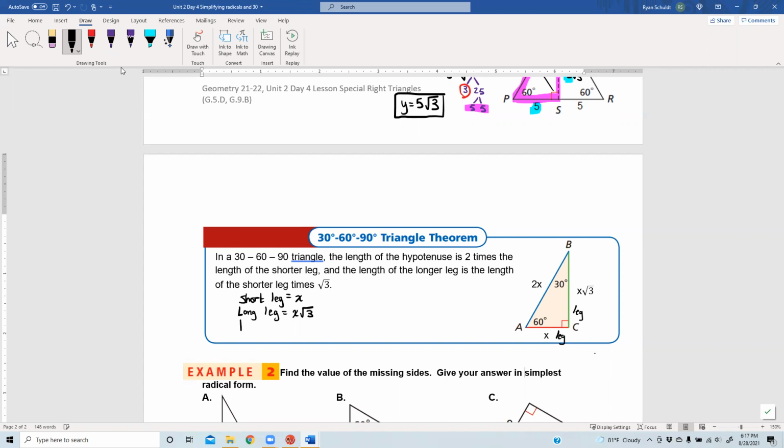And then we have our hypotenuse. It's 2x. That's your relationship. Short leg is x. Long leg is x square roots of 3. Hypotenuse is 2x.